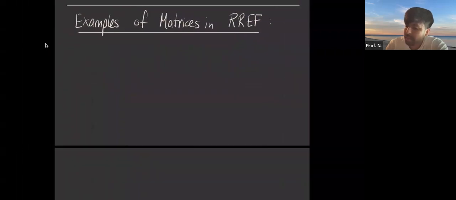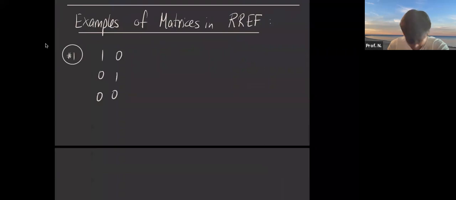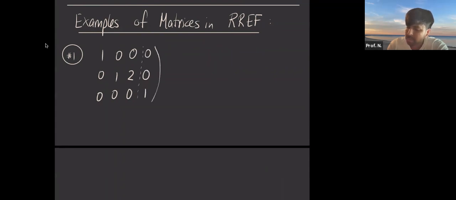The first example is the matrix 1, 0, 0, 0, 1, 0, 0, 2, 0, 0, 0, 1. We're going to make believe that this is the augmented matrix, and we wrote it in row reduced echelon form.